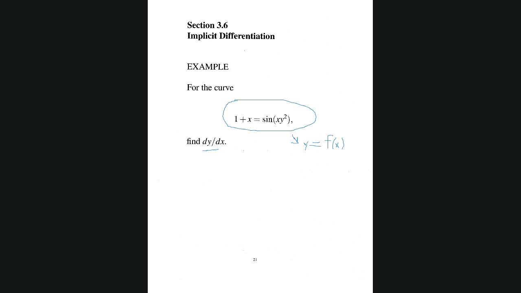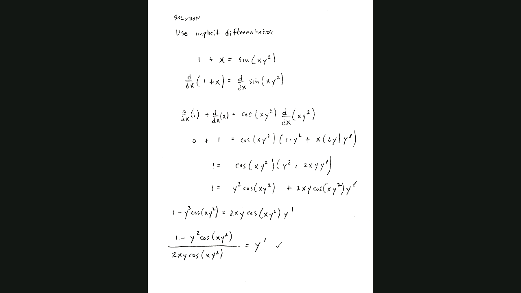If you substitute an x value, you could solve this equation for y. So y is implicitly a function of x. Okay, so we're going to do the same procedure. We're going to take the derivative with respect to x of both sides of the equation.